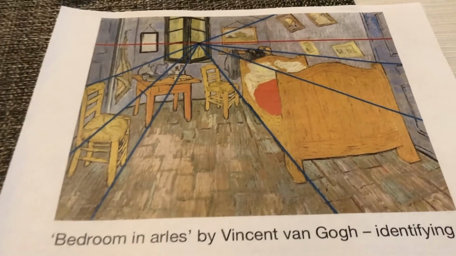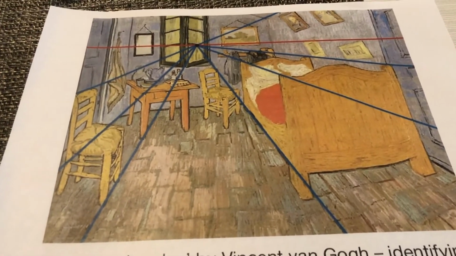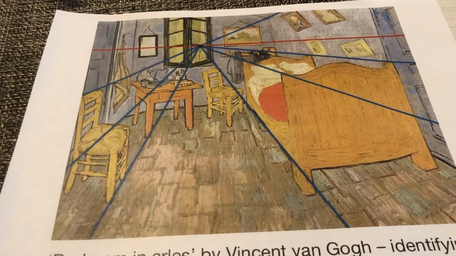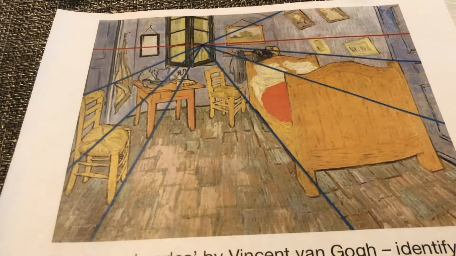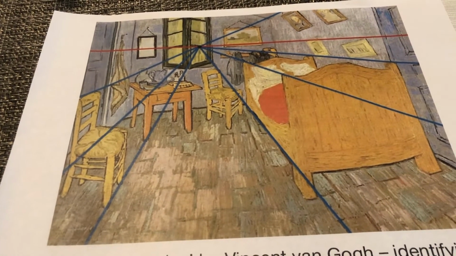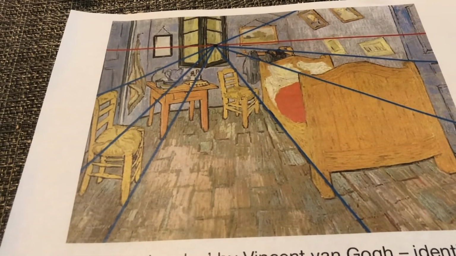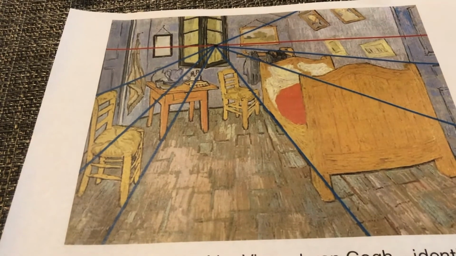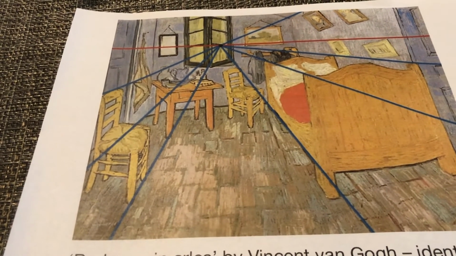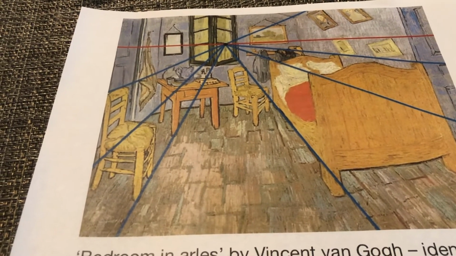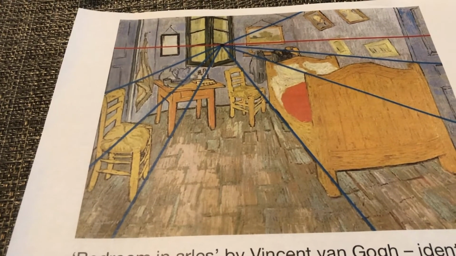Here's a painting done by Vincent van Gogh. And there are quite a few lines drawn on this, but here you can see he's using perspective. So the first thing is what do you notice about the objects? The sizing of the objects. Do you notice that the objects that are closer to us are bigger than ones that are farther away?